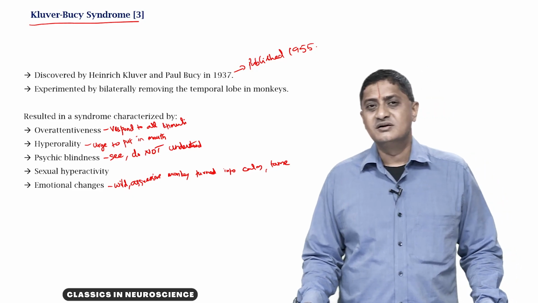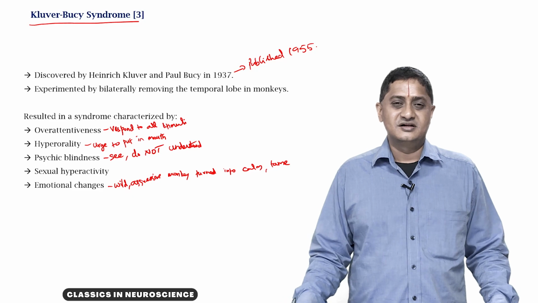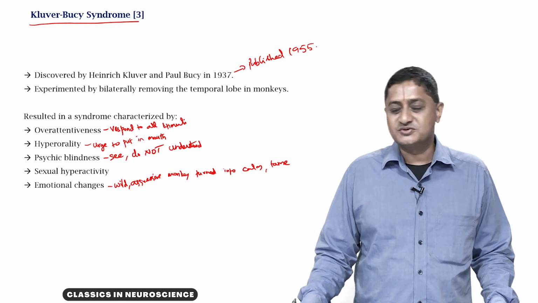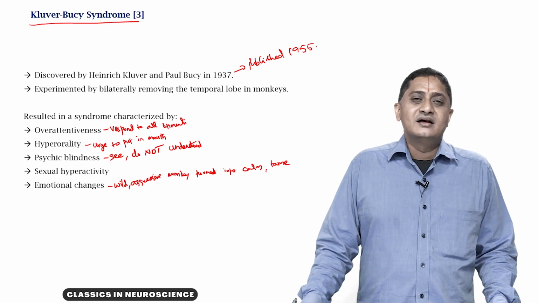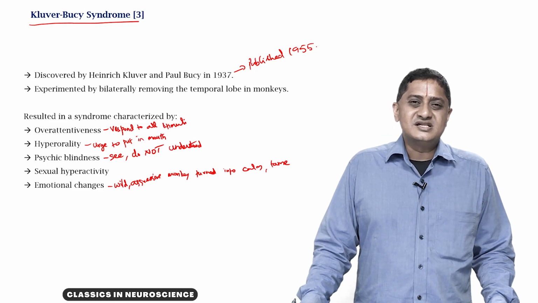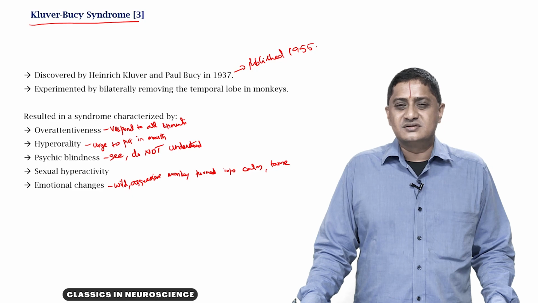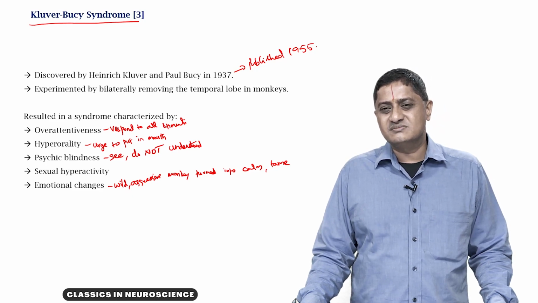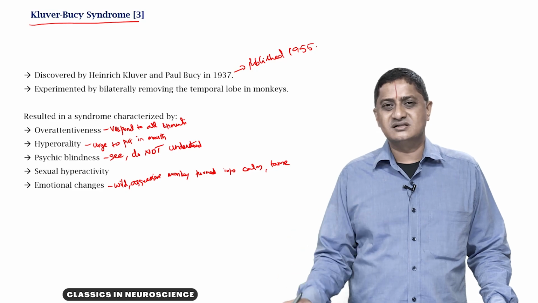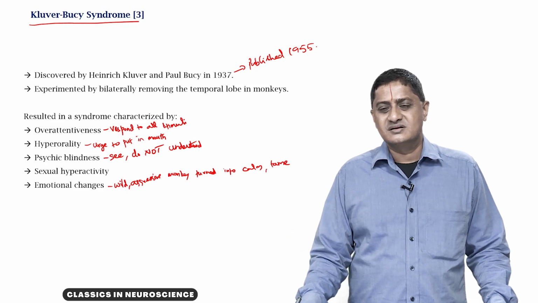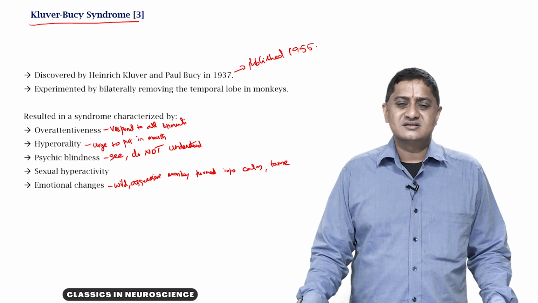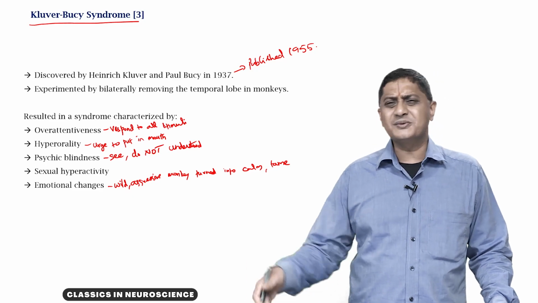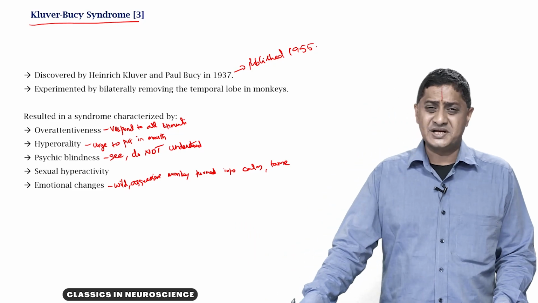So, everybody was super excited about this, so to speak. But detailed study of this later showed that this sexual hyperactivity was not specifically directed at this symptom, but rather this was general hyperactivity that also presented in this dimension, perhaps.